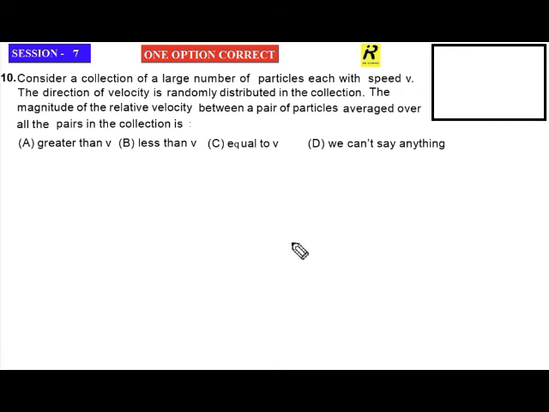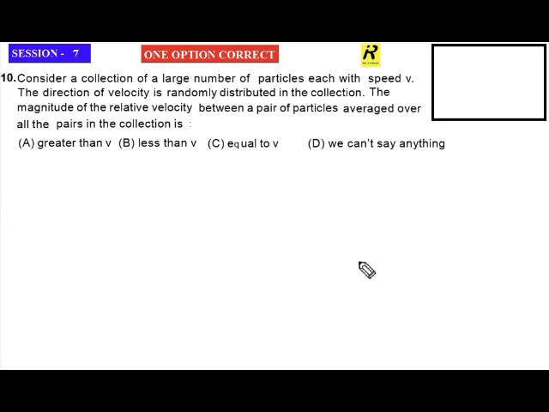So the average of the relative velocity between the two particles A and B is equal to v divided by pi into minus cos theta by 2, divided by half, with the limit 0 to 2 pi.